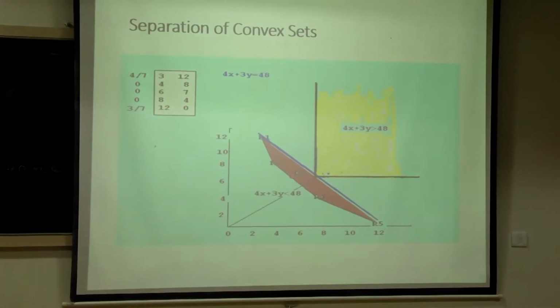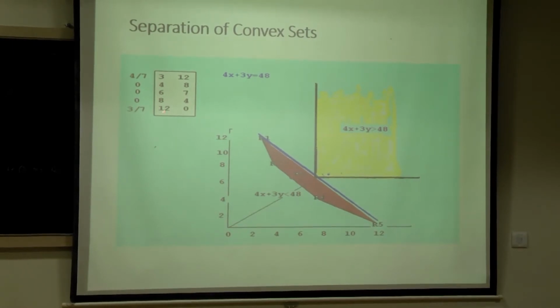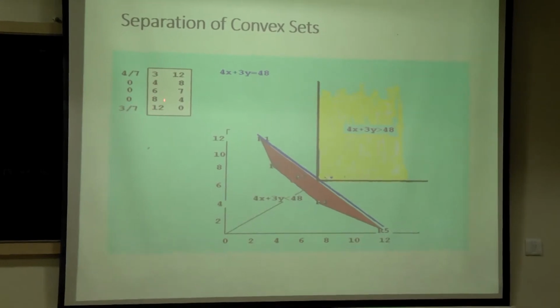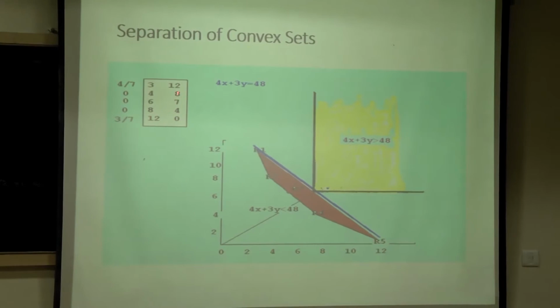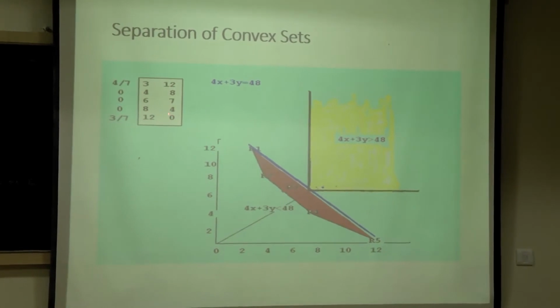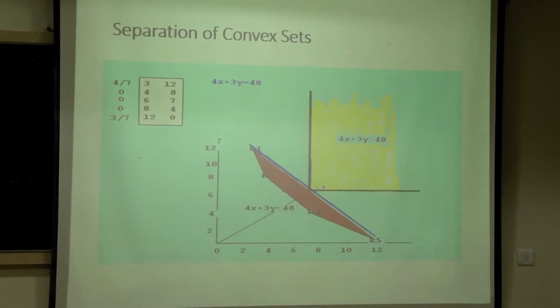He can choose the first row. Player 2 is going to choose the first column with probability 4 over 7 and the second column with probability 3 over 7, which is based on the representation of the separating line. It is a function of the separating line.